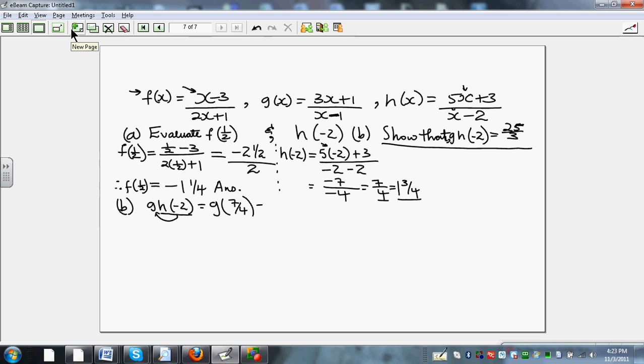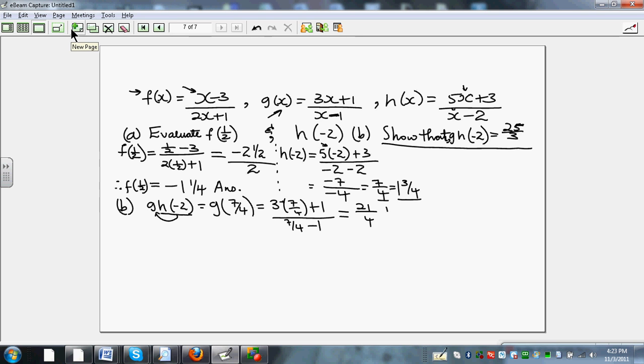And what we'll do now is substitute 7 over 4 in g of x, which is here. So it becomes 3 multiplied by 7 over 4 plus 1, all over 7 over 4 minus 1. Now we are required to show that it's 25 over 3. So how do we proceed with that? Well, let's see. 3 by 7 over 4: 3 by 7 is 21, so we get 21 over 4 on top.